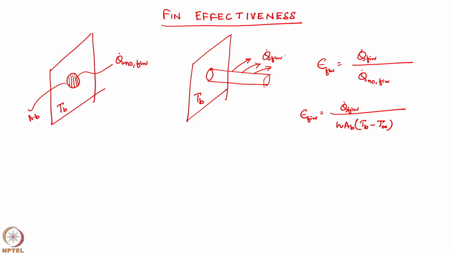So now what is the physical significance? If effectiveness is equal to 1, what does that imply? Putting fins is not adding any extra heat transfer, they are not taking away any extra heat transfer.